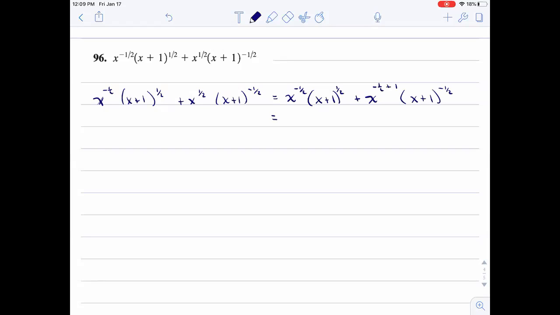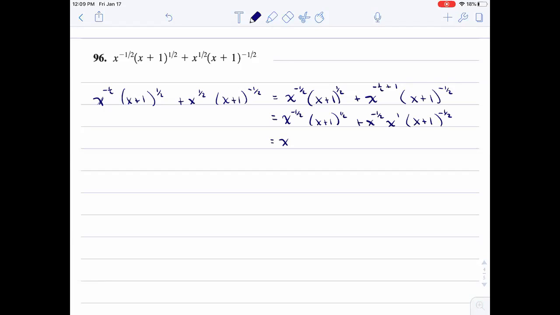By the exponent laws, I can rewrite x to the negative 1/2 plus 1 as x to the negative 1/2 times x to the power of 1. And so I get x to the negative 1/2 times x plus 1 to the 1/2 plus x to the negative 1/2 times x to the power of 1 times x plus 1 to the power of negative 1/2. Okay, so now I have that common x to the negative 1/2 that I can pull outside.